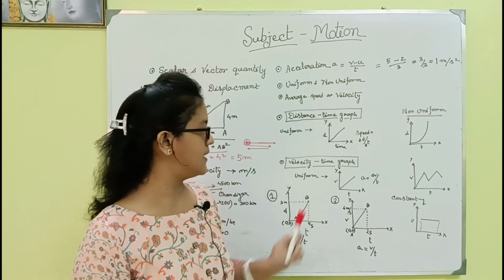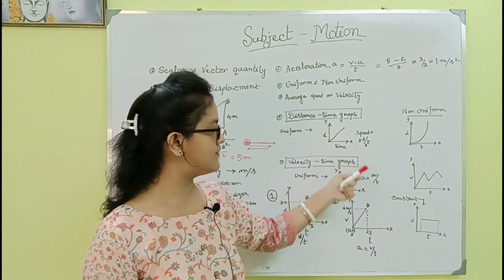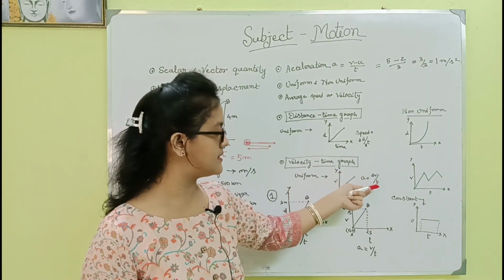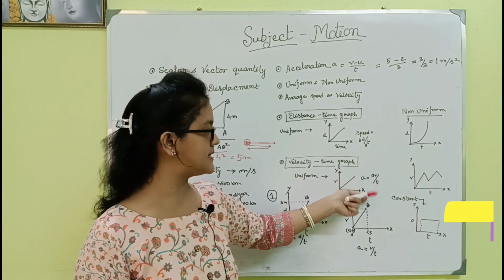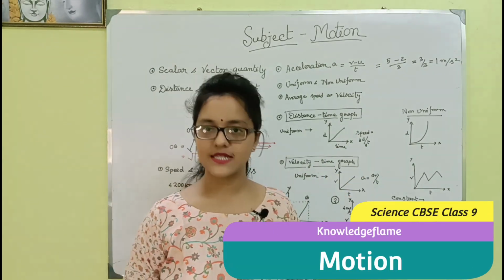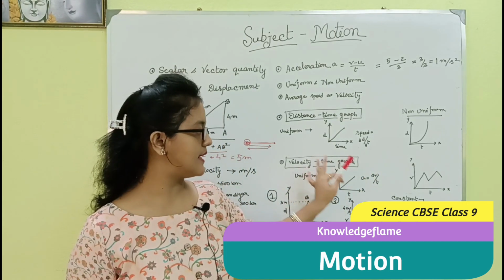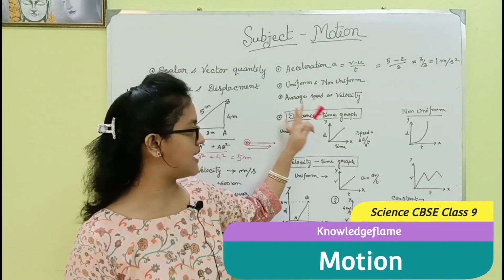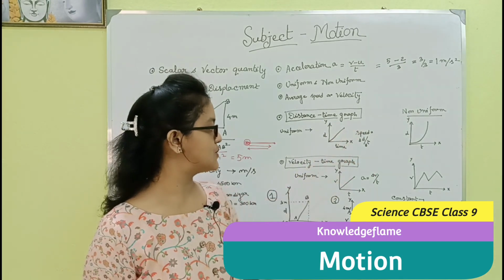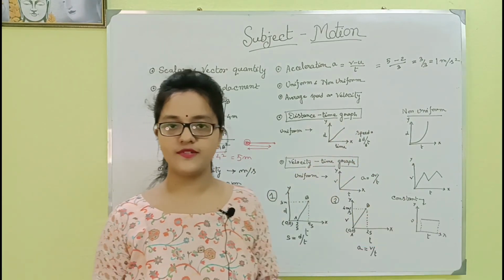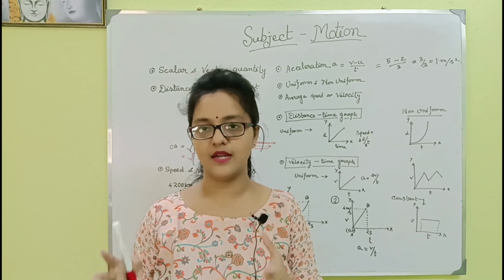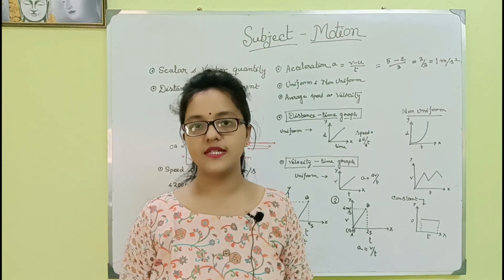When we divide velocity by time, v by t, we get the acceleration. By the distance time graph we get speed.